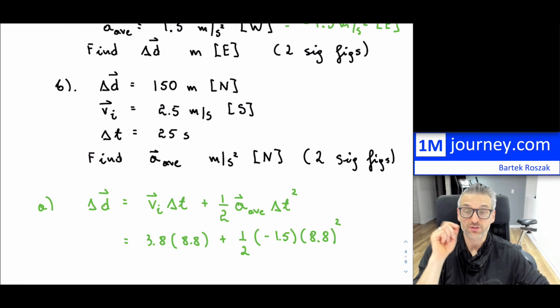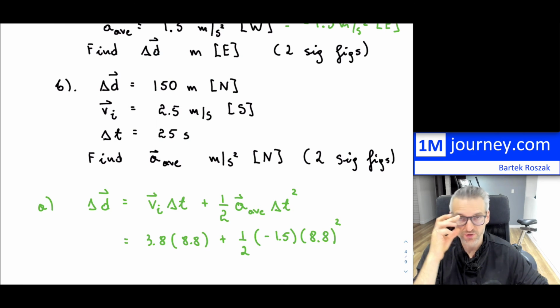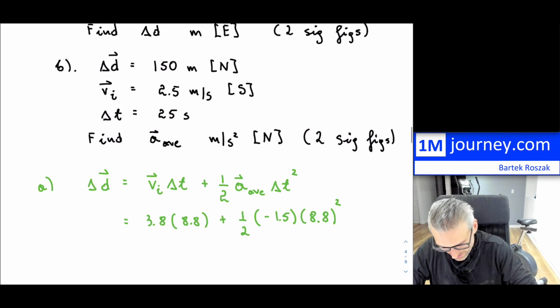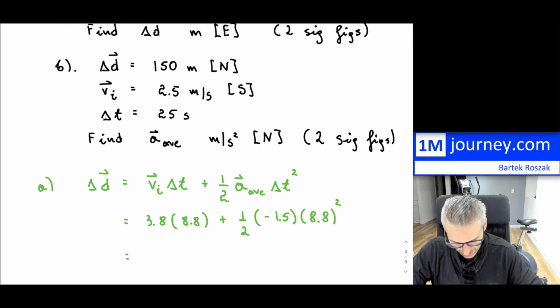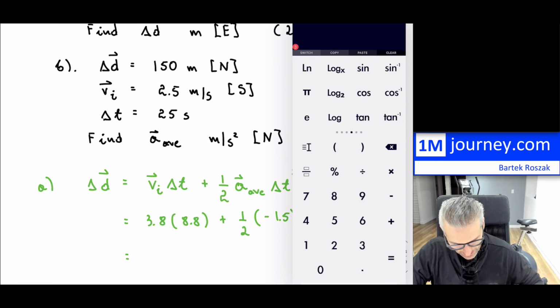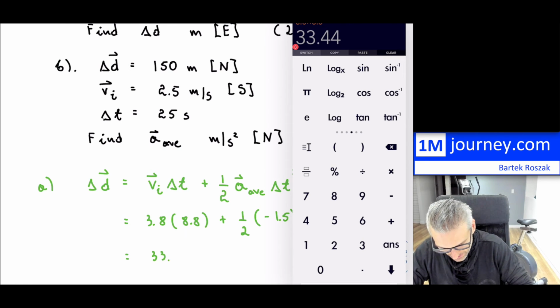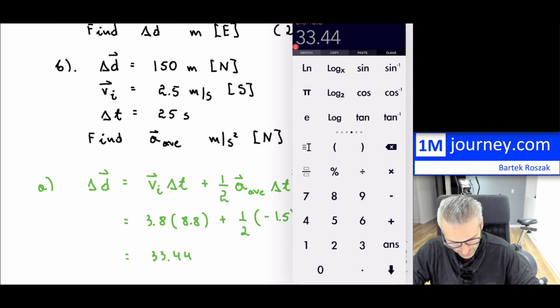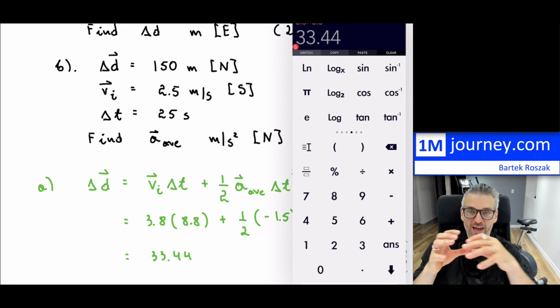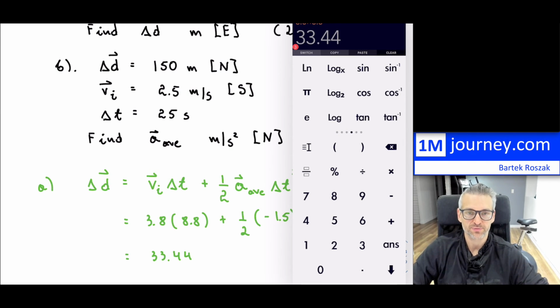Because I used meters and seconds, my answer is going to be in meters, and my direction is going to be east. So let's write it all out. This is going to be 3.8 multiplied by 8.8. You can write this in here, or you can do it all in one step, it just depends how good you are with your calculators.